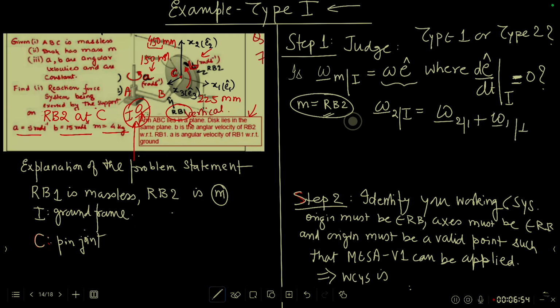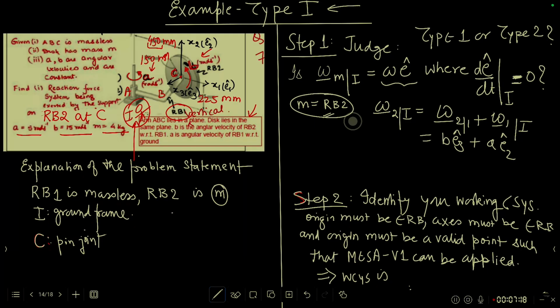What is omega 21? That is B times E3, as I have shown a coordinate system, plus omega 1I, which according to the coordinate system shown will be A times E2.